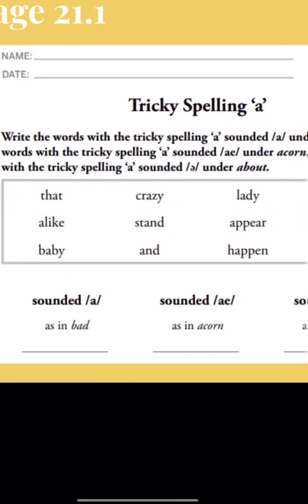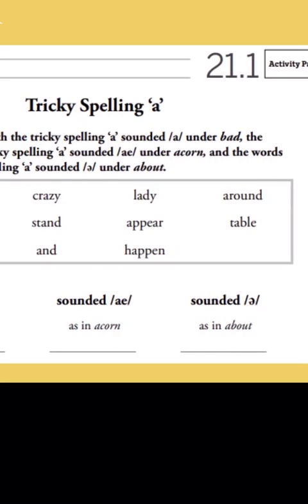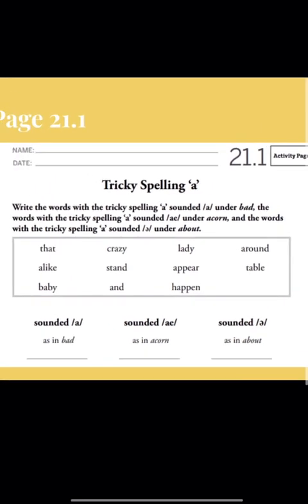Okay, and then any words that have that A sound is going under the second column where it says acorn. And then any words with the A making the sound is going to go under the third column. Okay, let's go ahead and read through the words in the box. We have that, crazy, lady, around, alike, stand, up here, table, baby, and happen.